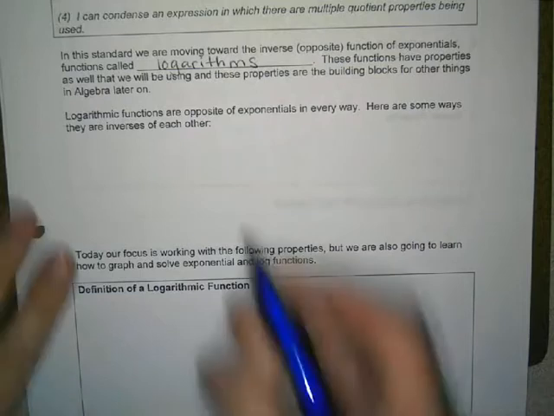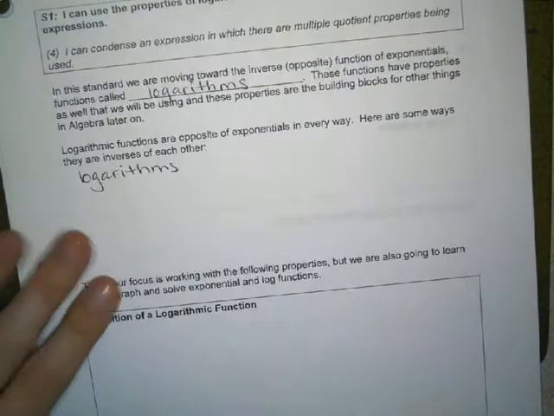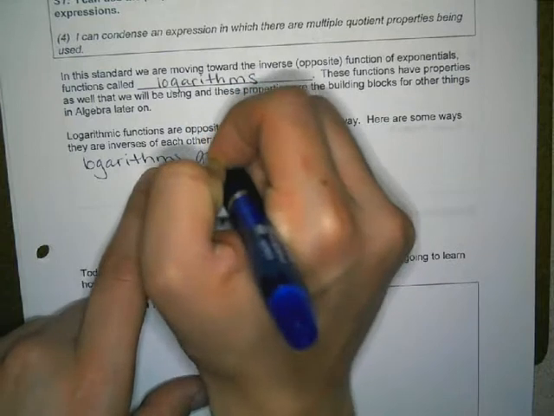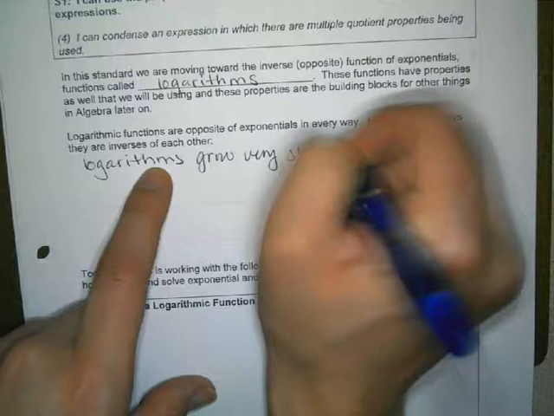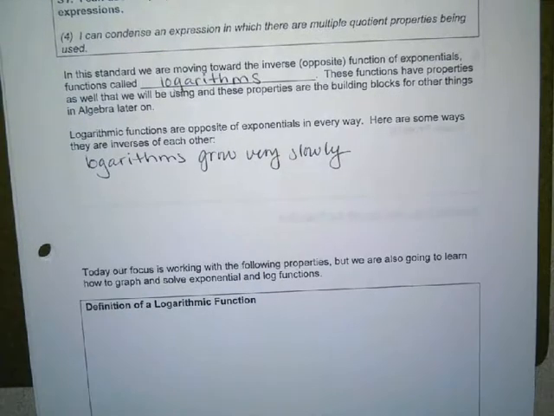Okay, so we're going to list some of these opposite relationships here because they're going to help us when we graph and when we use logarithms. Logarithms grow very slowly. That's probably the very first thing that you would notice about a graph.